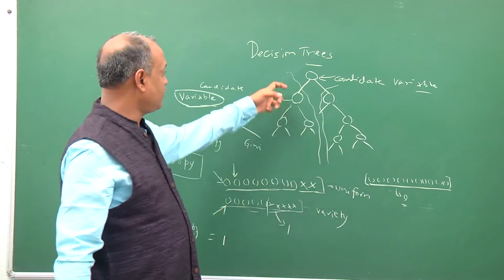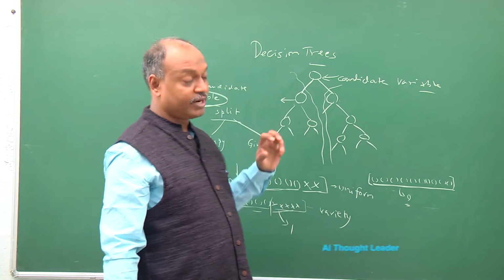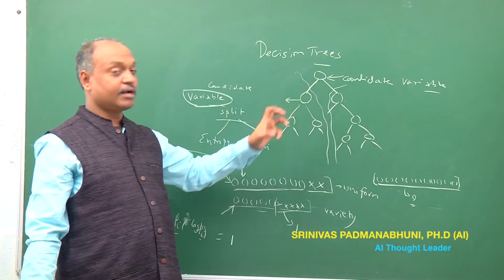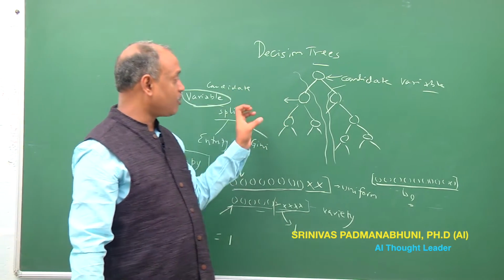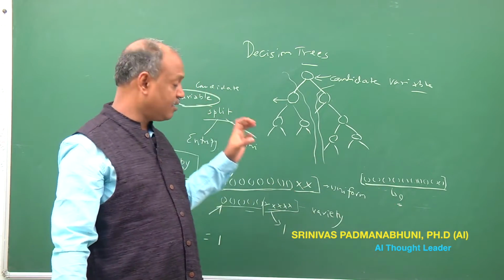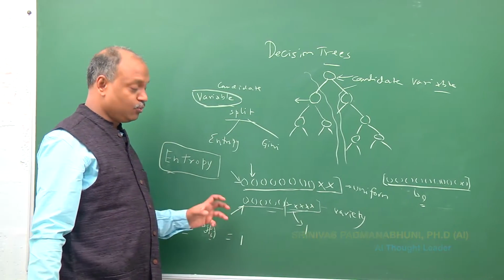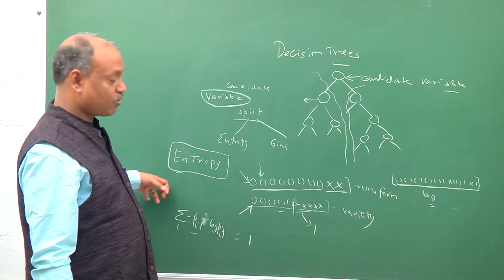Suppose you have two variables, x1 and x2, one of them gave 0.5 and another gave 0.6. The one with 0.6 will be the candidate choice for splitting. So at any point you have multiple candidate combinations for splitting the solution space, but we use the one which gives the maximum information gain, which is the change in entropy.